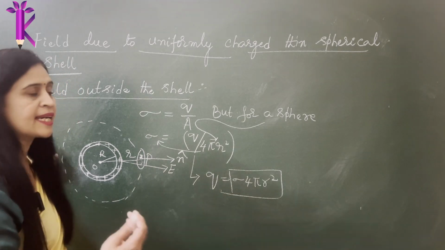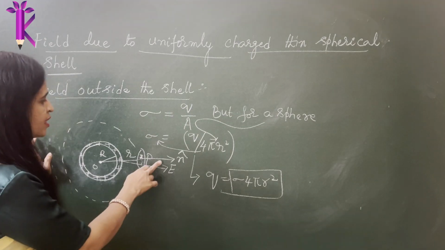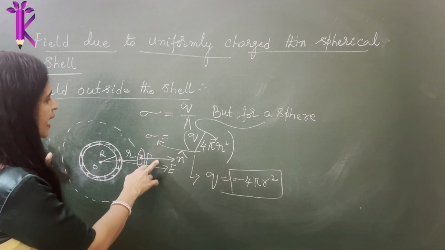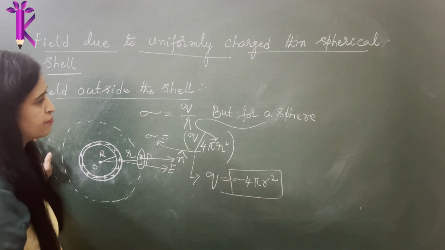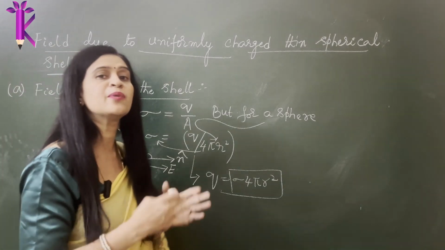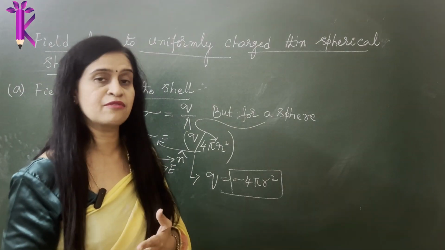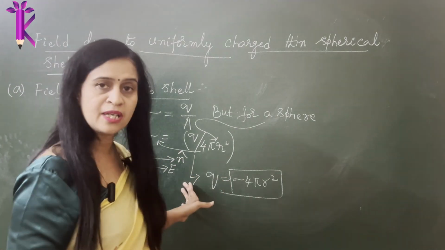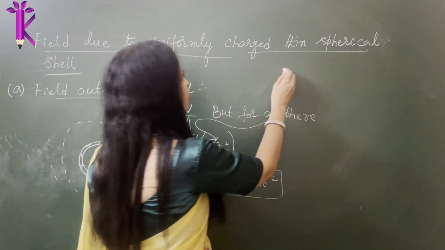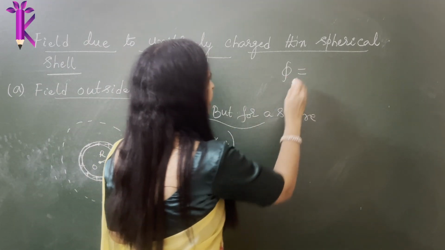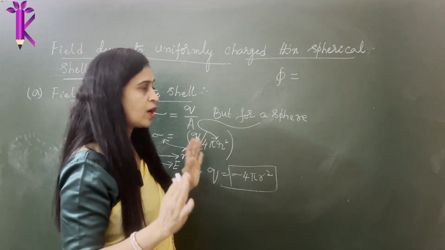Now how do you calculate the net flux? You see what is the angle between the area vector and the electric field? We see that the angle between the area vector and the electric field is 0. They are parallel to each other. Therefore, the total flux is given by, so what are you going to write?